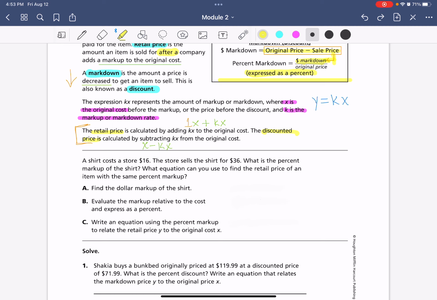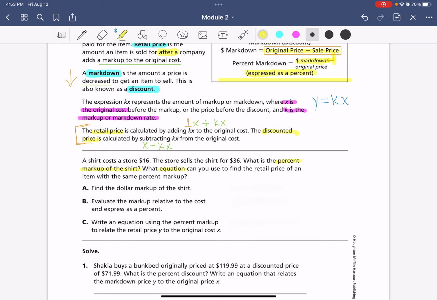So we have two different questions here. We first need to find the percent markup of the shirt, and then we need to write our equation so that we could plug in for another shirt at maybe a different cost, but it's going to have that same percent markup.